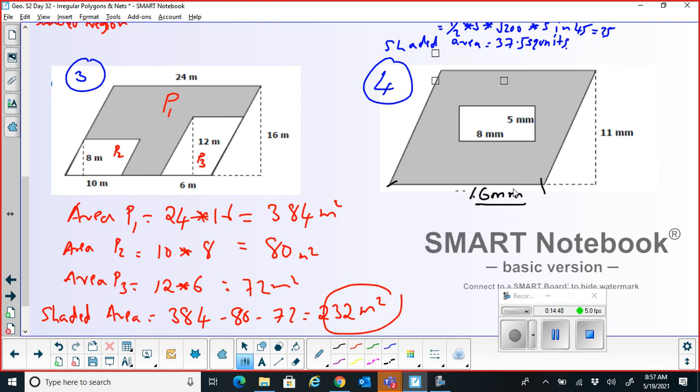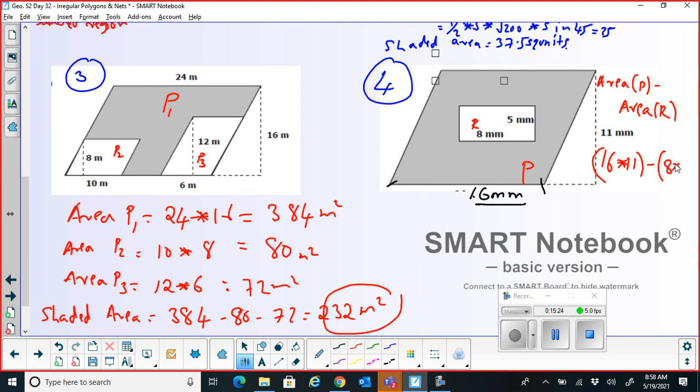Let's try this one. On this one, I have a larger parallelogram, and this is a rectangle. So area of parallelogram P minus area of rectangle R will give the shaded area. Area of parallelogram is base times height, which is 16 times 11, minus area of rectangle, which is 8 times 5.